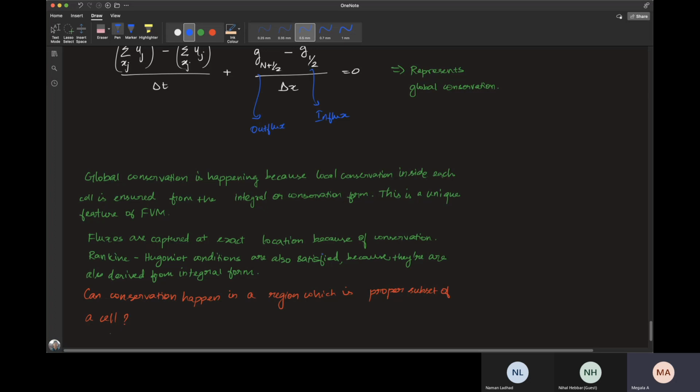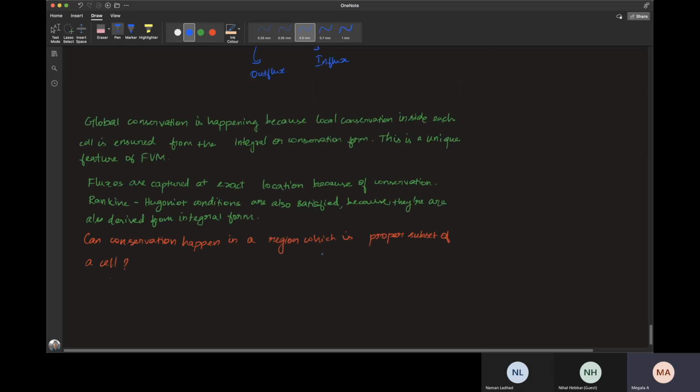One more reason is that shocks are captured at the exact location because of conservation. Not exactly at the same location, they are still captured at the cell interfaces only.